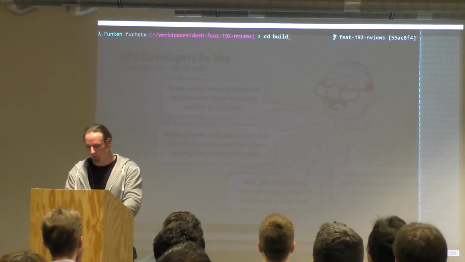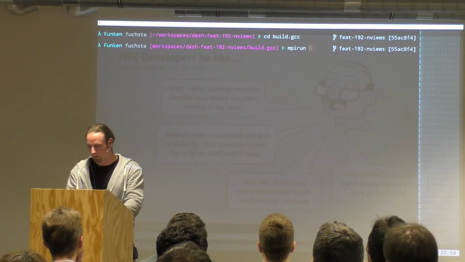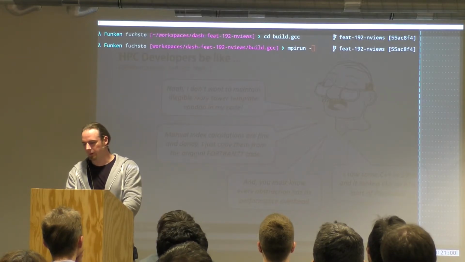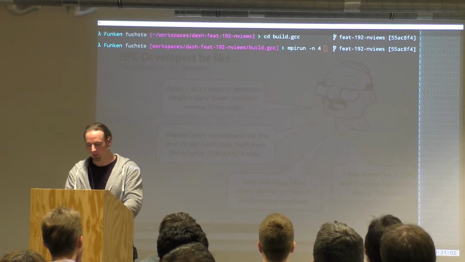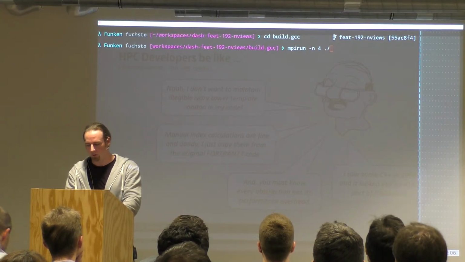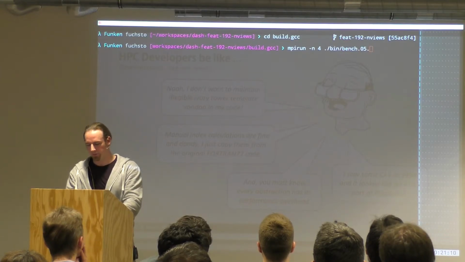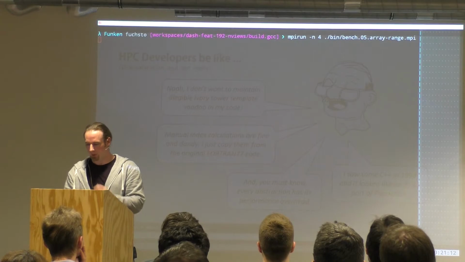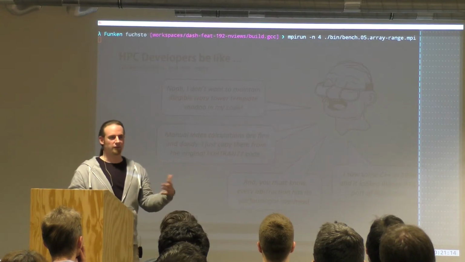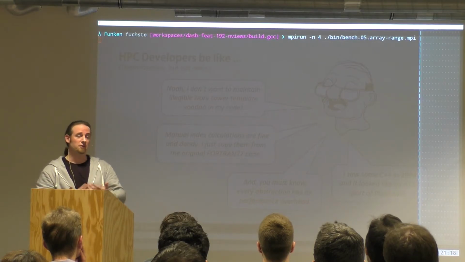I have builds with several compilers. I just picked the most drastic one. So MPI run usually starts distributed processes. This is running on my local laptop, but it will still run a process on a pinned core. And this is called bench 05 array range. What it does is compare this lengthy code that is state-of-the-art and exposes state-of-the-art performance.